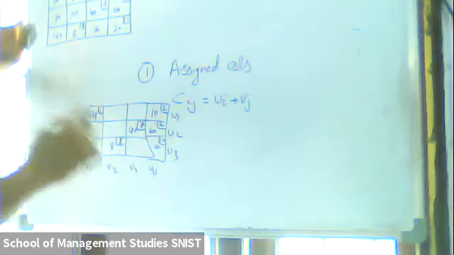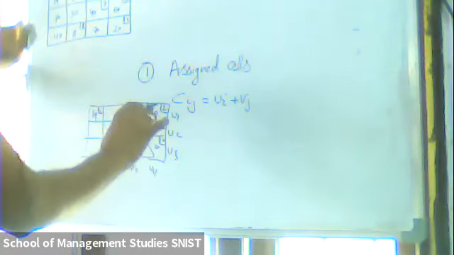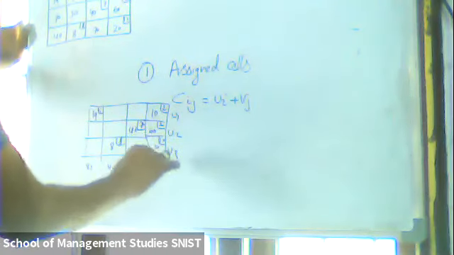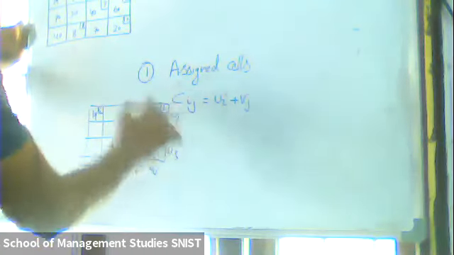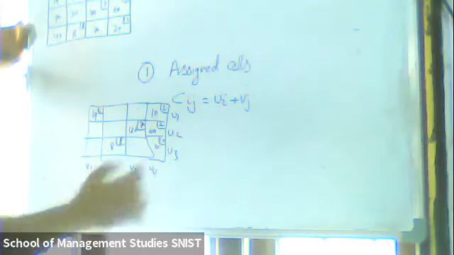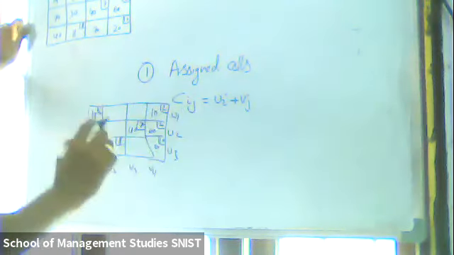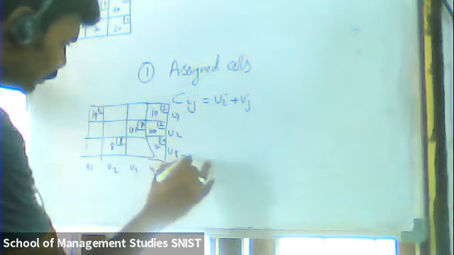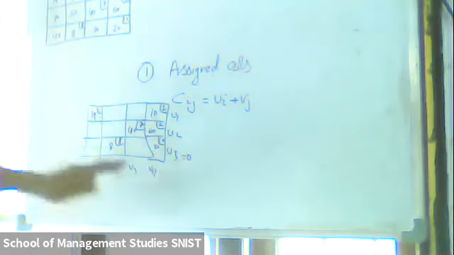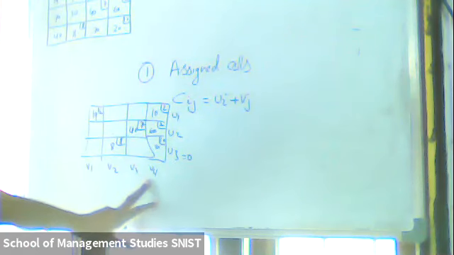Now to find out u1, u2, u3, v1, v2, v3, v4 related to assigned cells in the Modi method, you have to use Cij equals Ui plus Vj. See, if I assume u3 is 0, then I can find v4, right? Yes, sir.